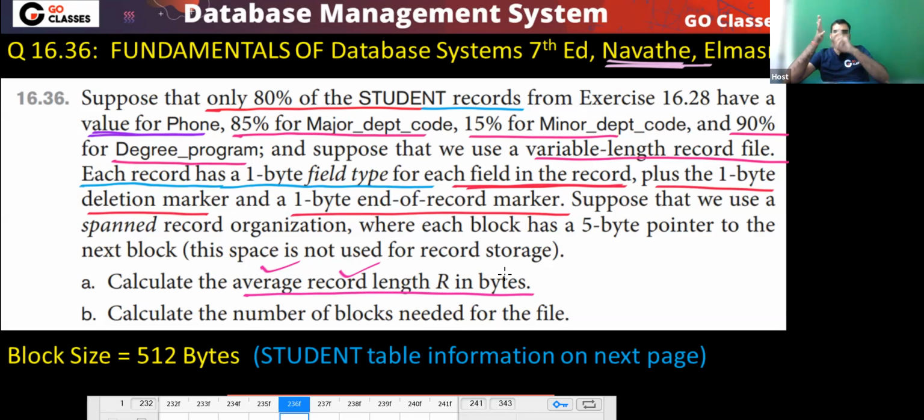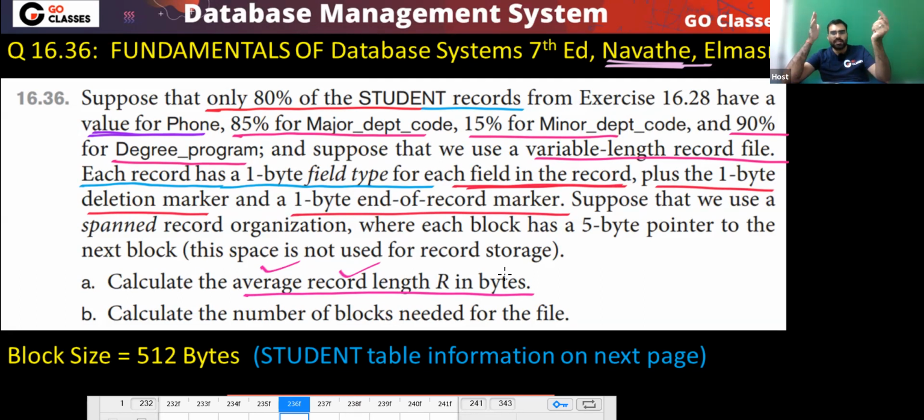Magnetic disk questions, file organization questions, all the concepts are covered, right? Spanned organization, unspanned organization, variable length record, fixed length record, block header, record header. You tell me one concept which is not covered in these questions. Every concept is covered.